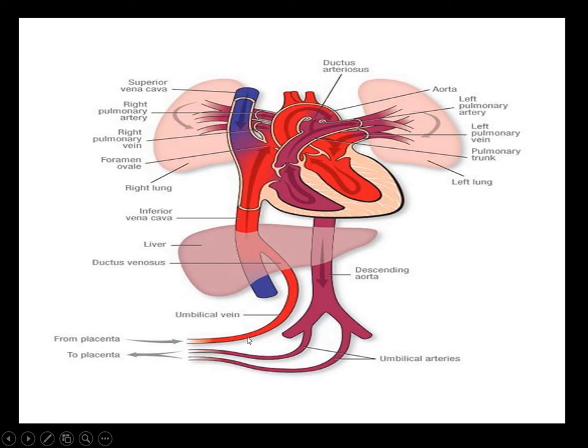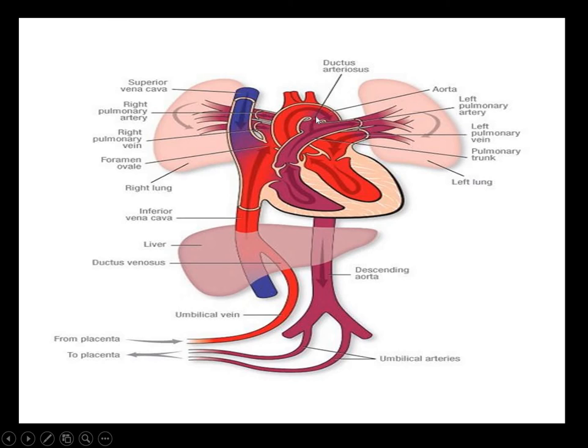from the placenta the oxygenated blood passes into the fetus and it goes to the ductus venosus and passes to the inferior vena cava. The blood is passed into the right ventricle and left atrium through the foramen ovale. Here the blood is passed into the pulmonary trunk and it reaches the lung, and then it comes back to the left atrium, and here the pulmonary trunk is present, right?